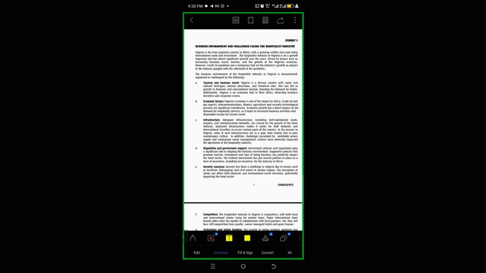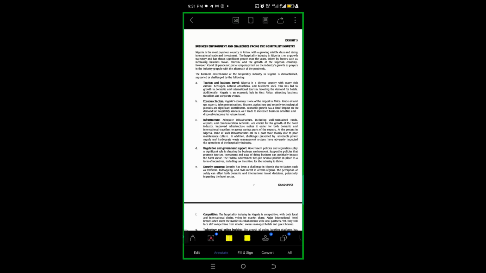B, economic factors. Nigeria's economy is one of the largest in Africa. Crude oil and gas export, telecommunications, finance and agriculture, and recently technological pursuits are significant contributors. Economic growth has a direct impact on the demand for hospitality services as it leads to increased business activities and disposable income for leisure travel.